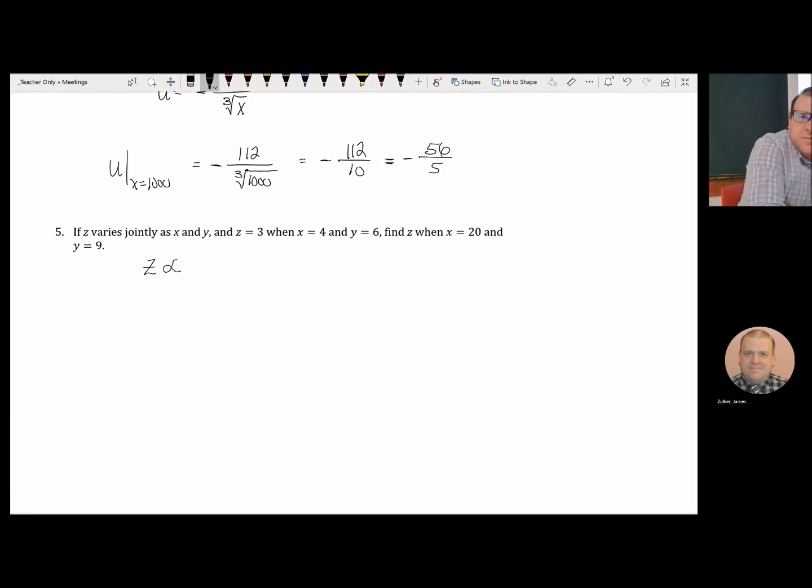That's the best proportional symbol I've drawn. So this is saying that z is proportional to x times y. That, of course, means that z is equal to some constant times x times y.